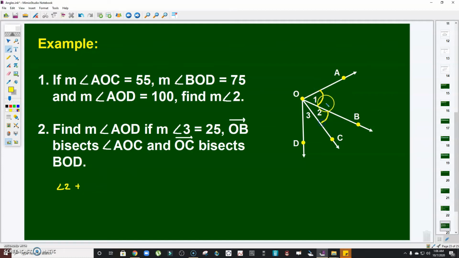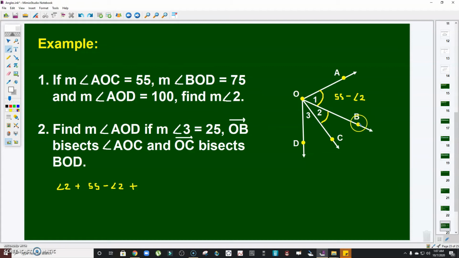If the sum of this by angle addition postulate is 55, so therefore, this one is 55 minus angle 2. Right? Okay, so if I'm going to add that, angle 2 plus 55 minus angle 2. Okay? So, again, by angle addition postulate, angle 2, this is angle 1, alright? Plus itong angle 3.